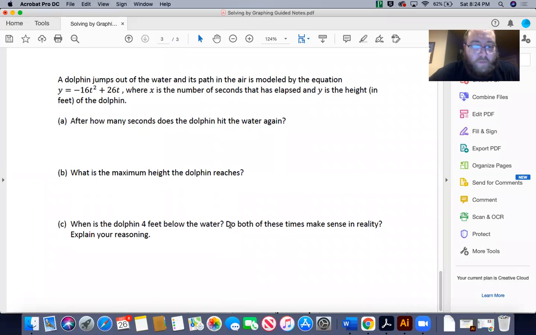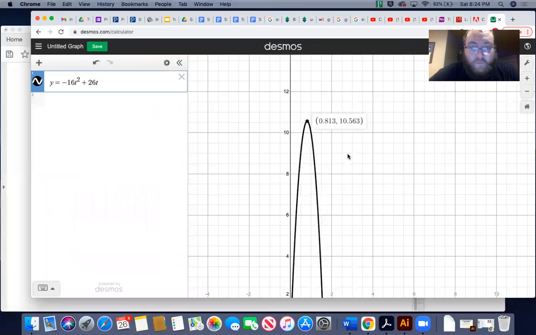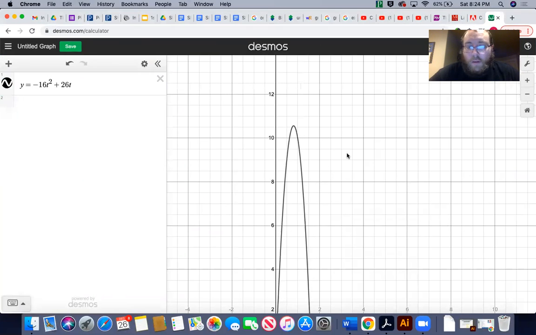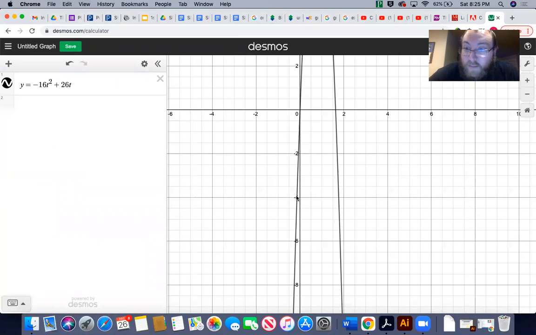When is the dolphin 4 feet below the water? Do both of these times make sense in reality? Explain the reasoning. Okay, so we want to look at 4 feet below the water. So here, our x-axis is the water line because that's at 0 feet, the y value is 0. So I want to go down to where it's below the water, which is negative 4 feet.